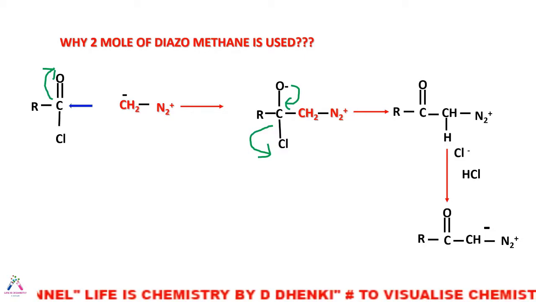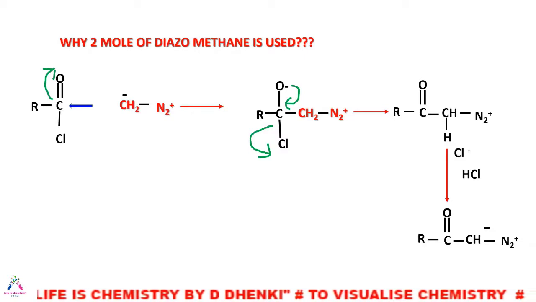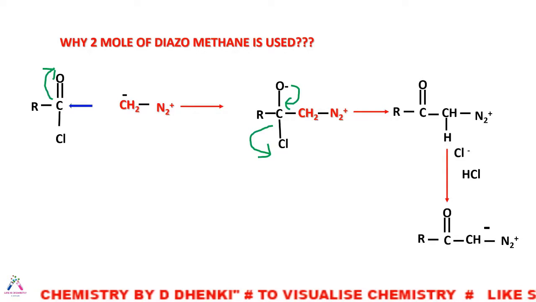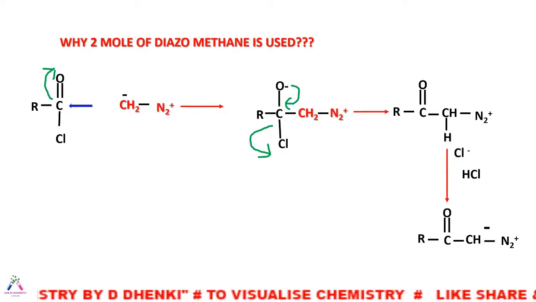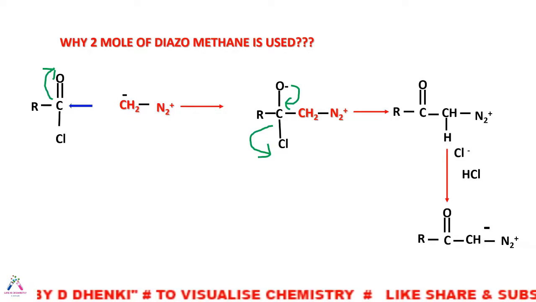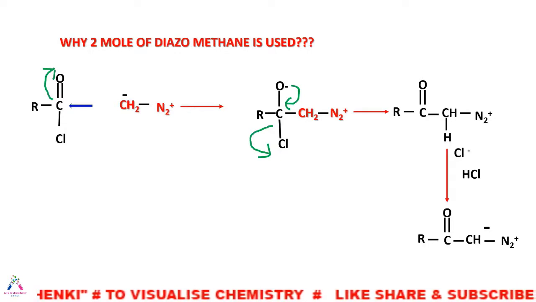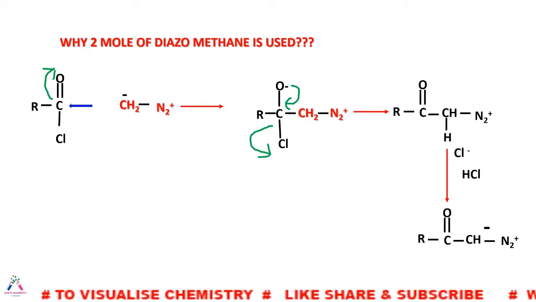This diazoketone further rearranges to form a ketene, which is an intermediate.